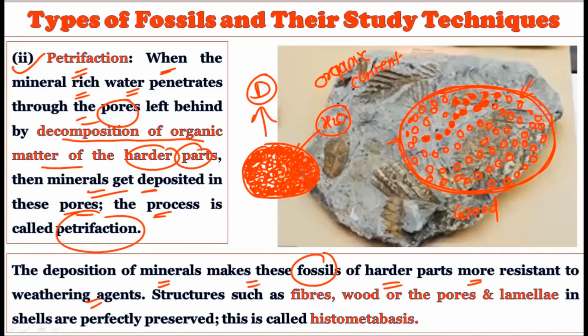Whatever pores are there, the minerals are getting deposited there. Over time, all these pores will be filled by the minerals, and due to this filling, the wood becomes even harder and even more resistant to natural weathering. Natural weathering will not take place inside this wood, because it is now harder compared to its actual form.